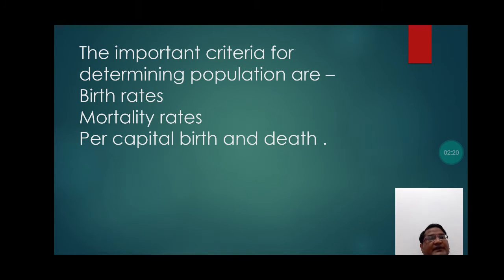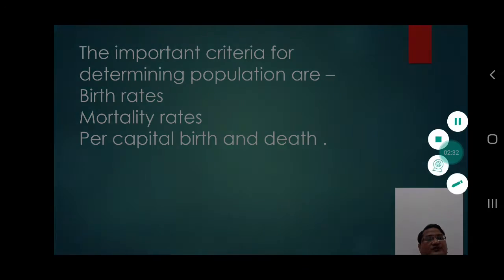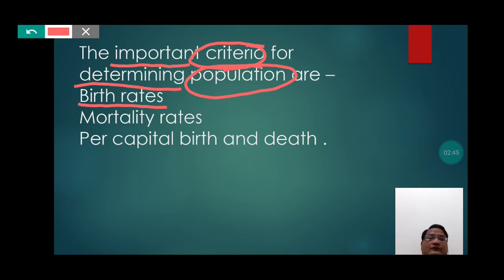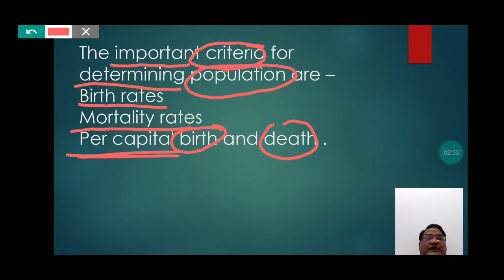The important criteria for determining population are birth rates, mortality rates, and per capita birth and death. So students, the most important factors which determine the population are the birth rates, mortality rates, and further the birth and the death which is taking place in a particular area in a particular period of time.